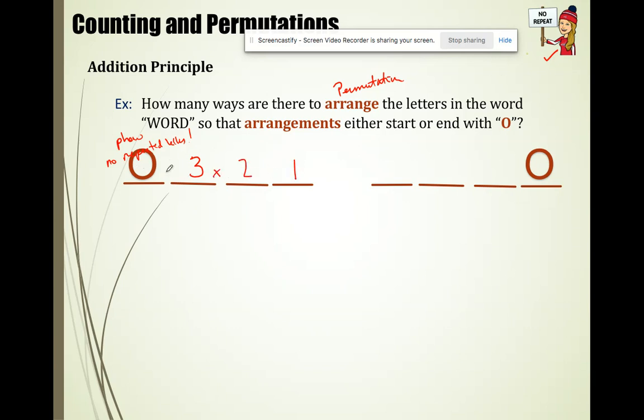That's not a zero, that's the letter O. But that's 3 factorial, isn't it? And if I have the O in the last slot, 3 of the remaining go here, 2 of the remaining, 1 of the remaining, that's also 3 factorial.